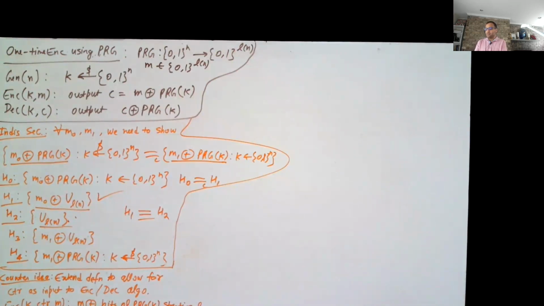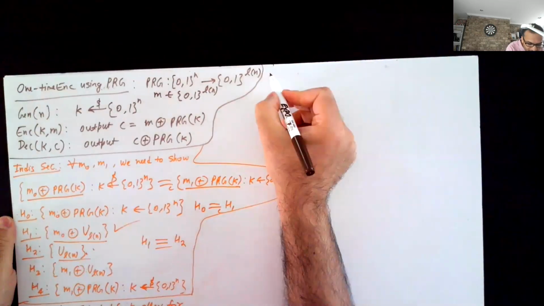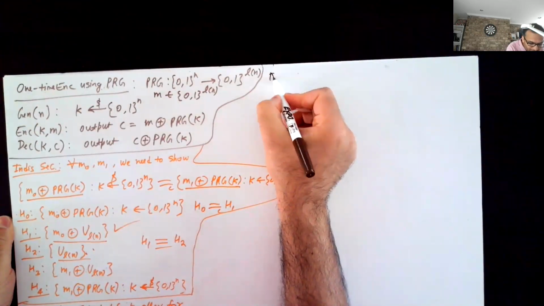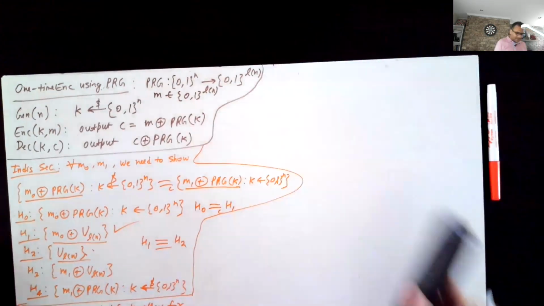So our first goal will be to first define what it means for an encryption scheme to be secure for encrypting multiple messages, and this is known as multi-message encryption. Let's swap out the board.